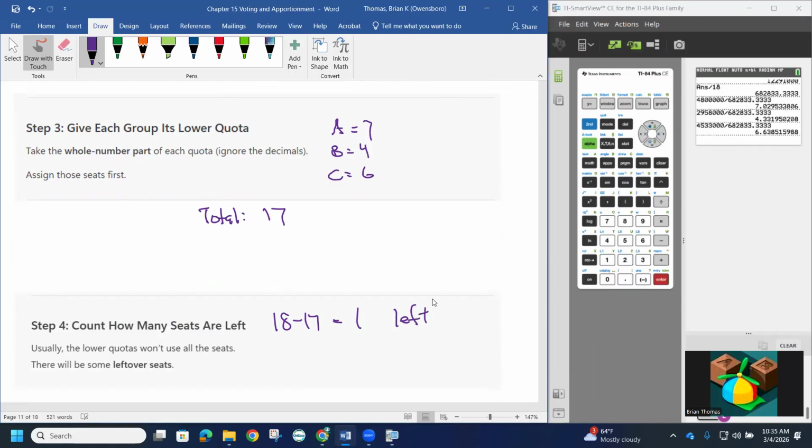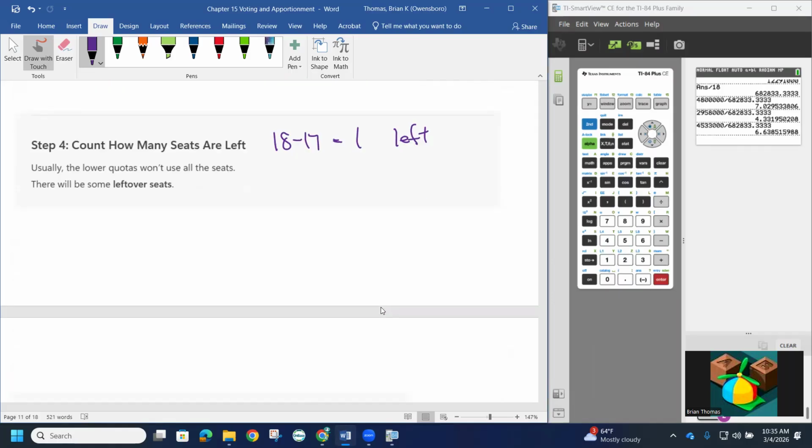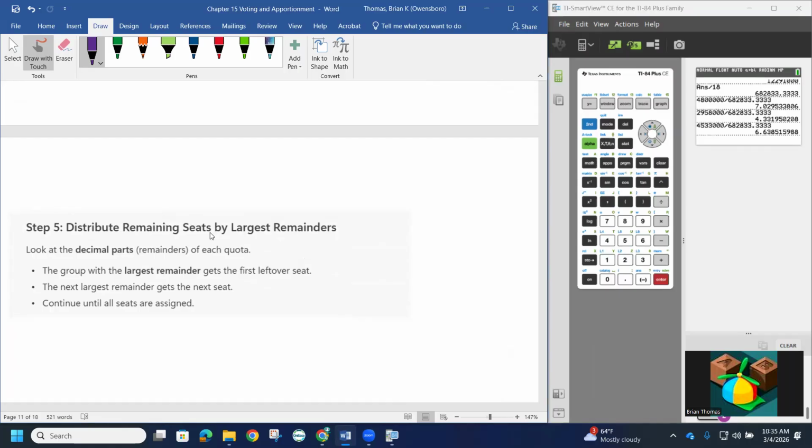So who gets that one seat? The remaining seat is based on the largest remainder. If we look at the decimal part, the biggest decimal gets the first seat. So notice how we had 7.0, 4.3, 6.6. The .6 is the biggest decimal between those three numbers.